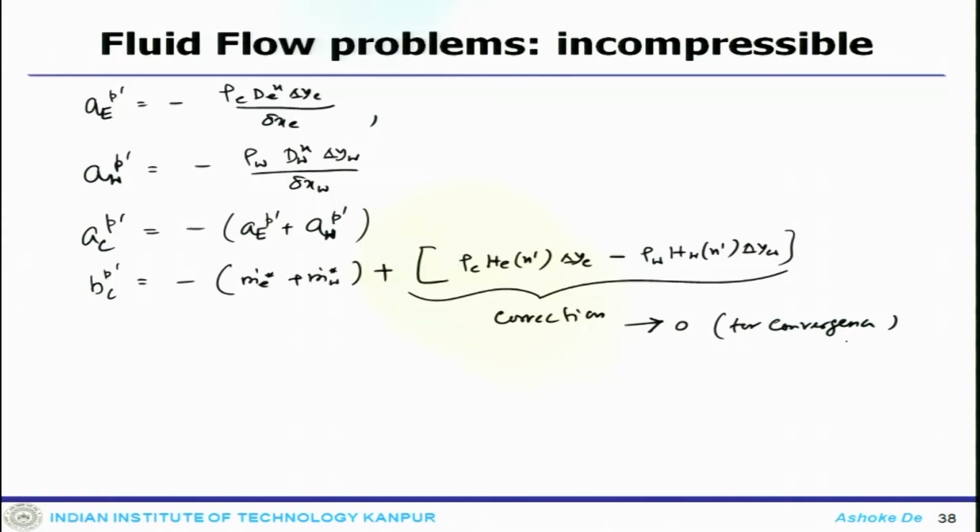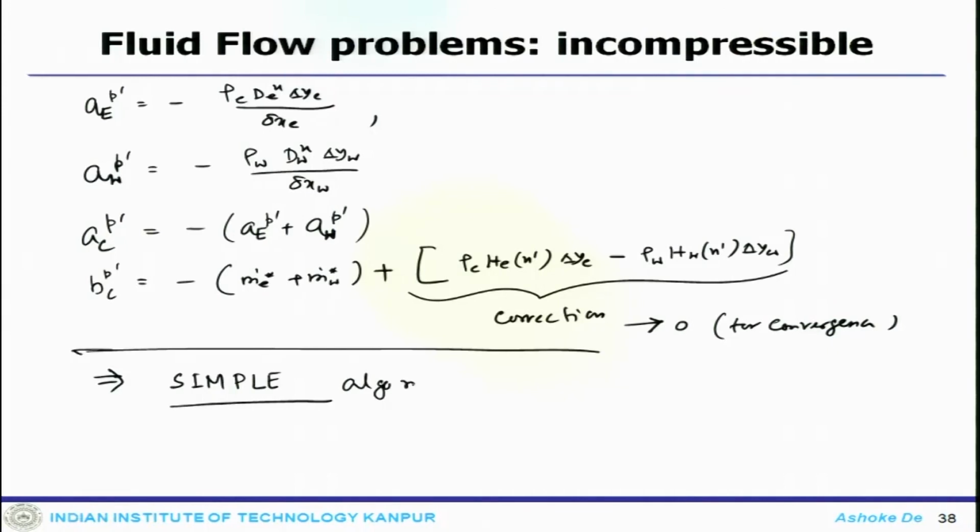So, the different approximation of these terms in this particular algorithm essentially leads to the so called SIMPLE algorithm, and we will discuss the algorithm in detail in the next lecture. Thank you.